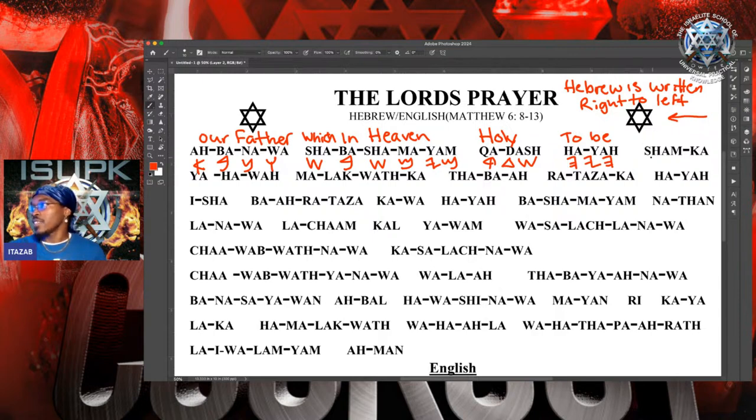In fact, this next word means your name. Shumka. Shum is name. Ka means your. The Shum part is name. Ka is a possessive pronoun, which means your.